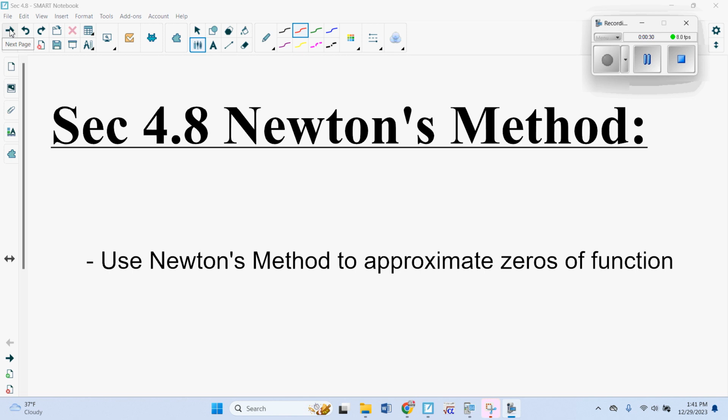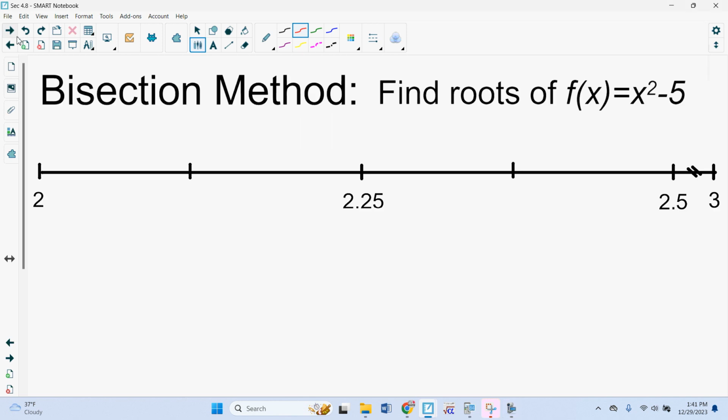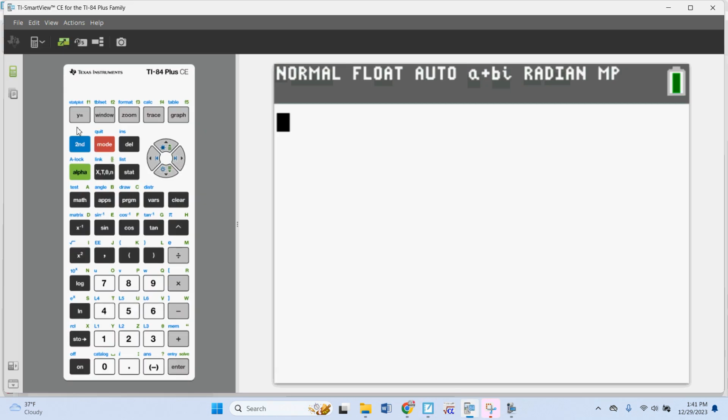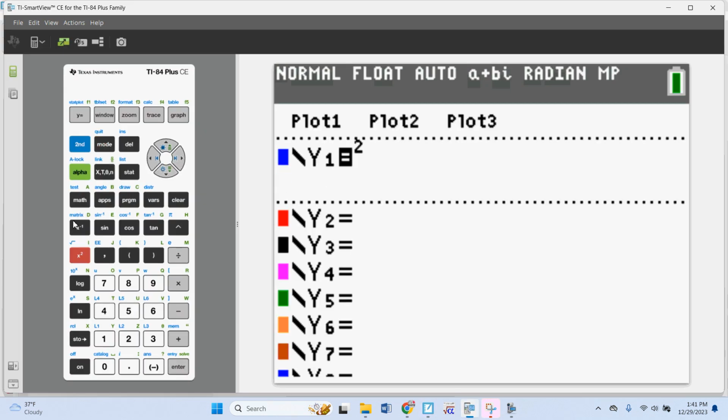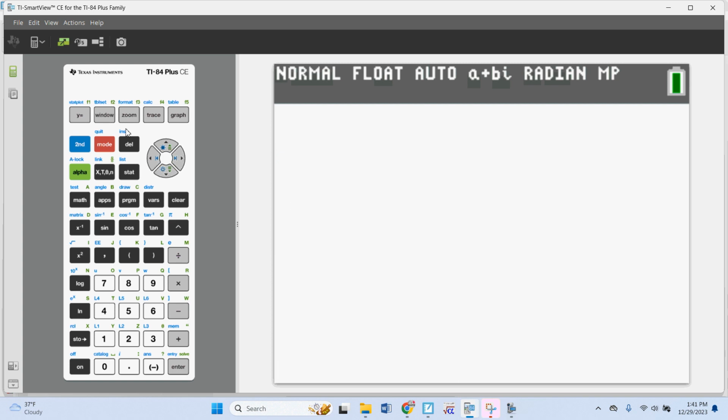Now, before we get to Newton's method, I want to look at a different method that is more straightforward. It is easier to understand how to do it. It's just very time consuming. So let's imagine we want to find the roots of x squared minus 5. Now, I know we can do that. We all know that that root is the square root of 5.